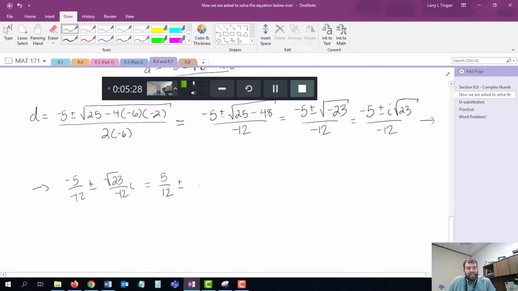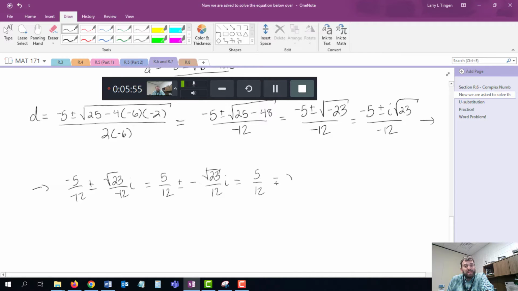This is negative square root of 23 over 12i, which is going to do something interesting. We haven't run into this before, so let's talk it through. If I was writing this out, this is a plus minus a negative. Mathematically, what happens here is this becomes a minus plus.